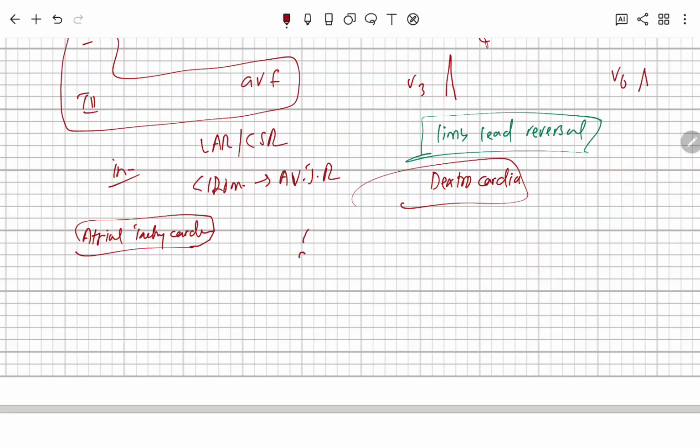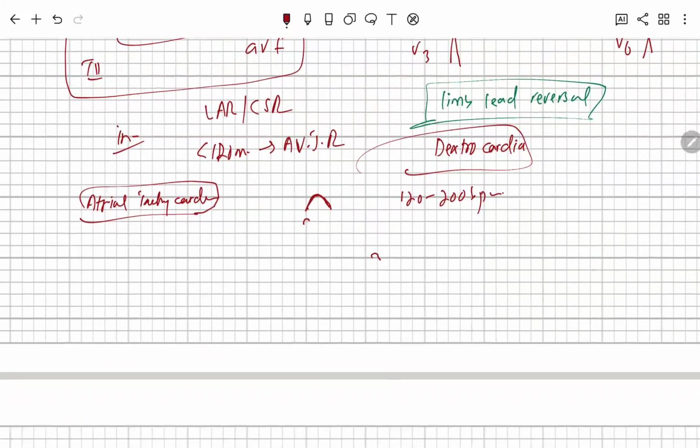We won't find any very fine P wave in these patients, and the rate will be almost 120 to 200 beats per minute. If we find that the shape of P wave is very different and the rate is more, we're going to call it atrial tachycardia.